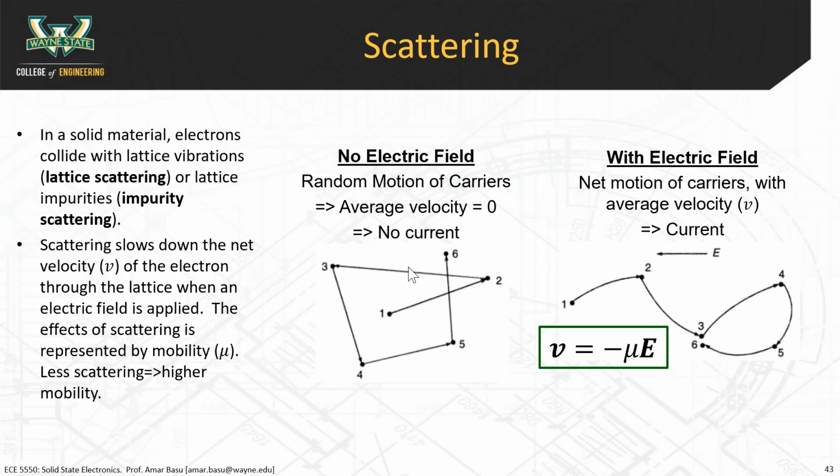Now, the way you can think about it in terms of energy band diagrams is that when an electron bumps into things, when it scatters, that's one way it loses energy. If an electron is in a high energy state, meaning it has a lot of kinetic energy, there's a lot of potential energy causing the electron to accelerate.